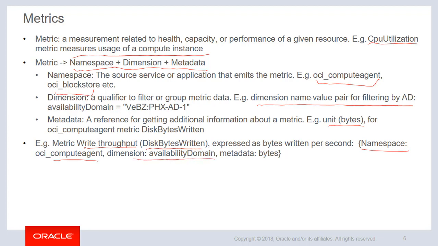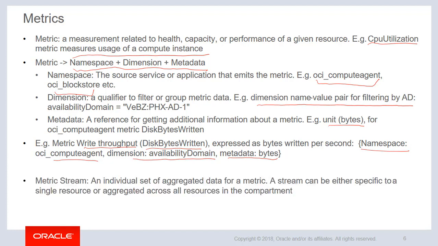It will be bytes. Now, of course, you don't need to know all this. I'm just giving you information on what a metric looks like. All this is available out of the box for you. You really don't have to know specific namespaces or specific metadata for specific metrics.